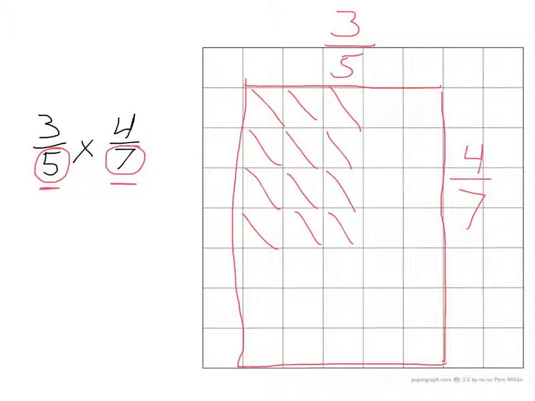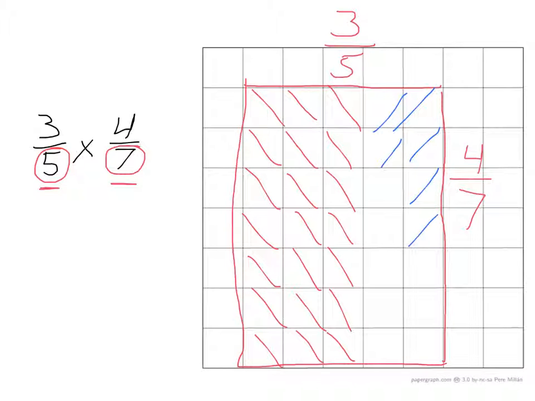I'm interested in these 3 columns, and I'm interested in these 4 rows. Okay, I'll make sure I get all of them drawn in, and I can see right away that I have some X's, and then I have some blue diagonals that are by themselves, some red diagonals by themselves, and then some squares that have nothing in them.